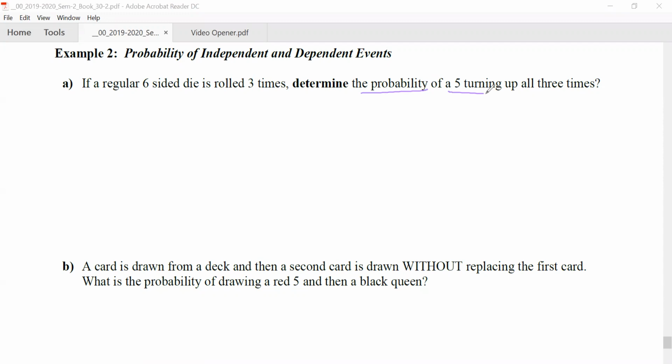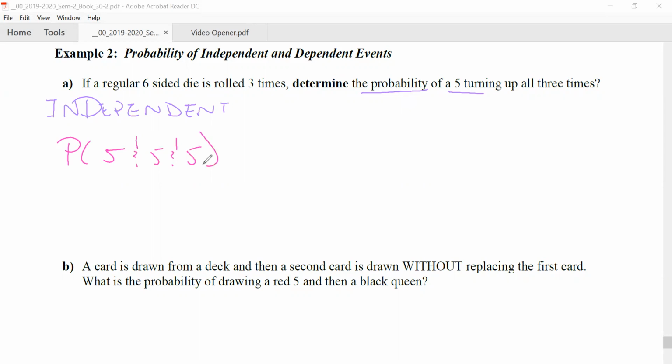No. So the first thing I'm going to say to myself is this is an independent event. There's no effect. So I want the probability of a 5 and a 5 and a 5.